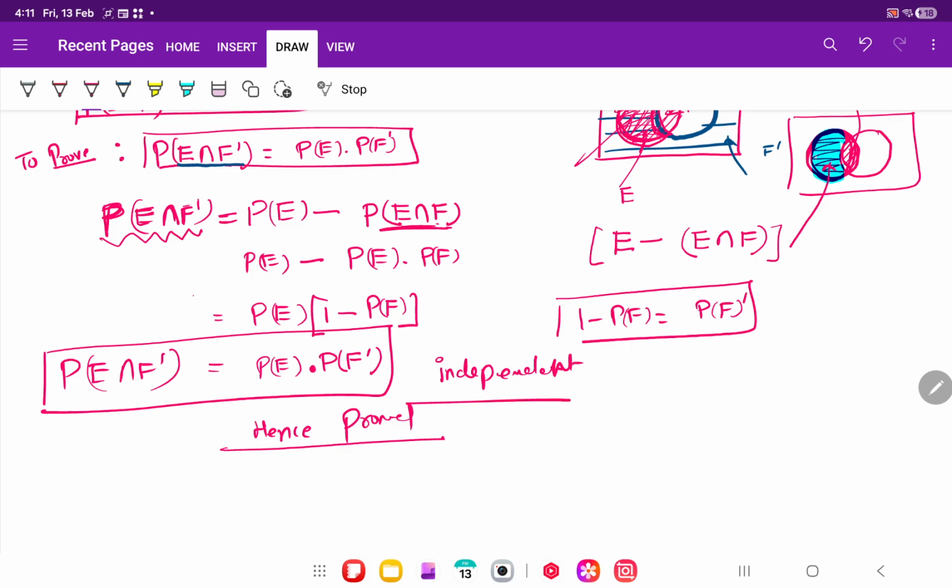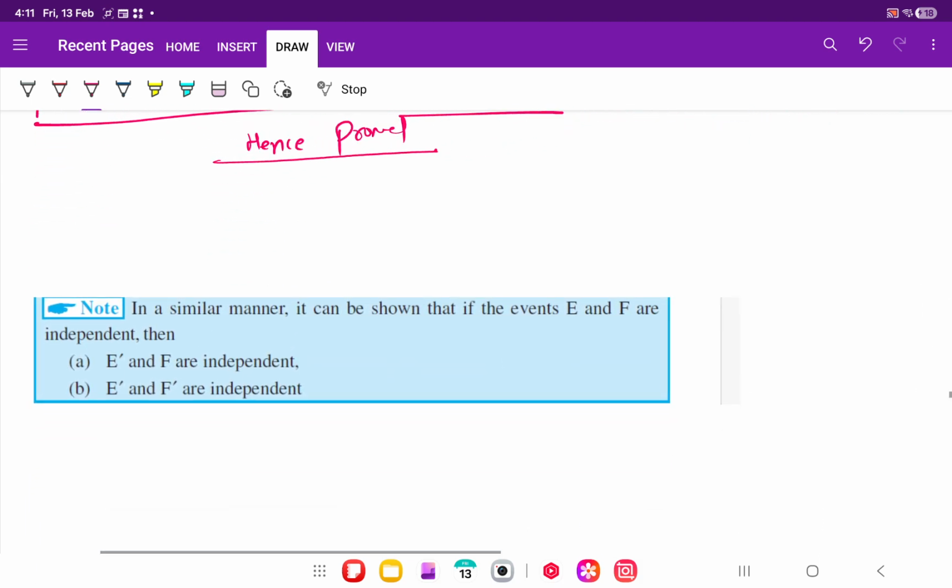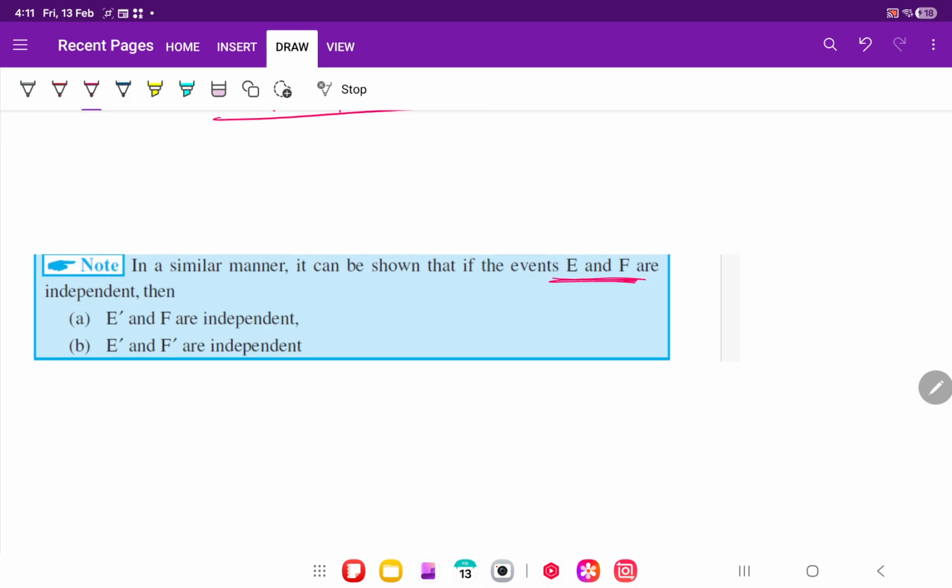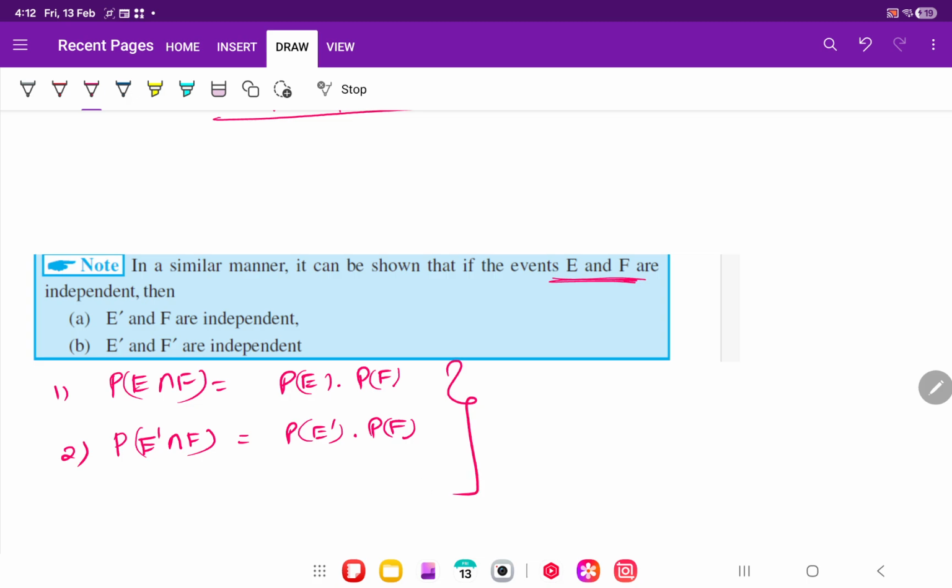Now there is one important conclusion here. If two events E and F are independent, that means P(E intersection F) is P(E) into P(F), then for sure E dash and F are also independent. Let me show you: E dash intersection F is also the product of these two, because this is the identity used for independent events.